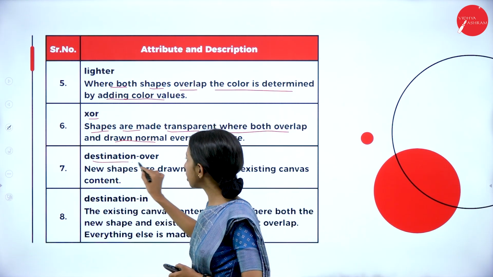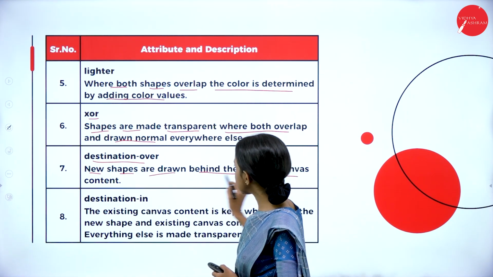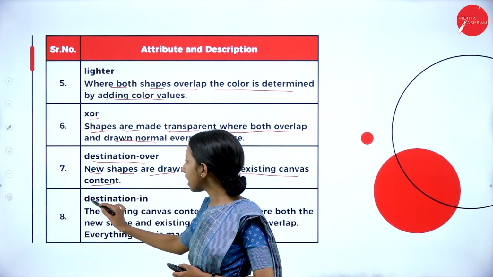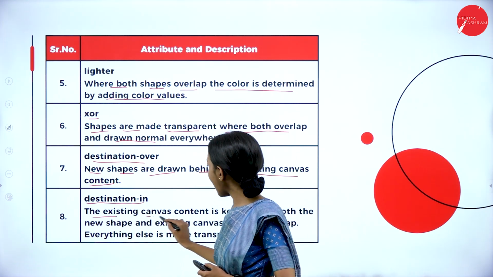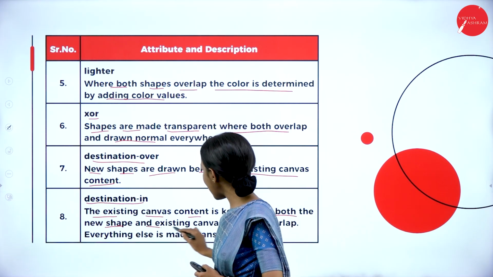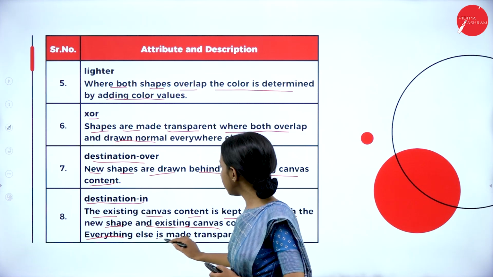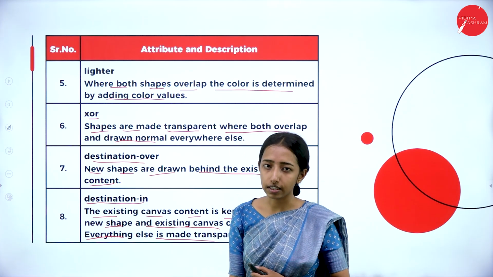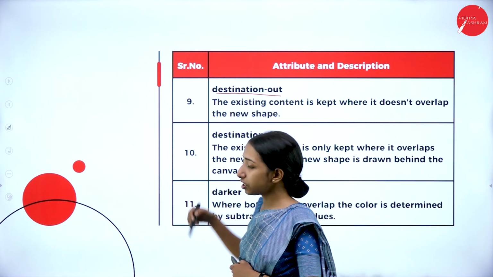And destination-over: the new shape is drawn behind the existing canvas content. And destination-in: the existing canvas content is kept where both the new shape and existing canvas content overlap, everything else is made transparent.